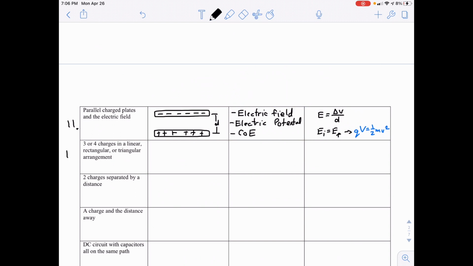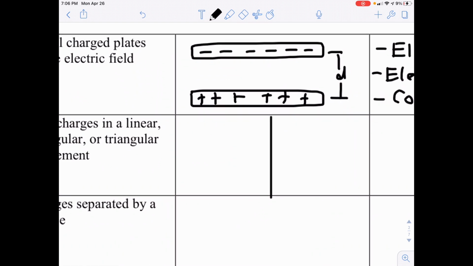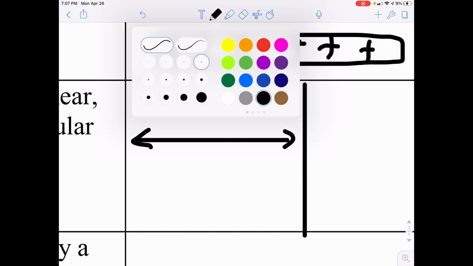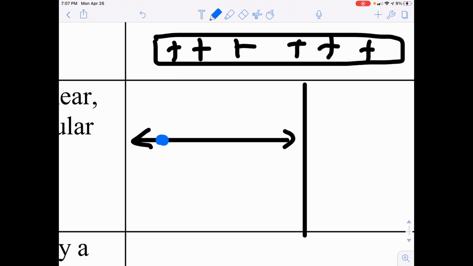Now in number 12, let's say we had 3 or 4 charges in a linear or rectangular arrangement. Okay, here's some samples. Maybe you have a number line, and on that number line you have charge 1, charge 2, charge 3.